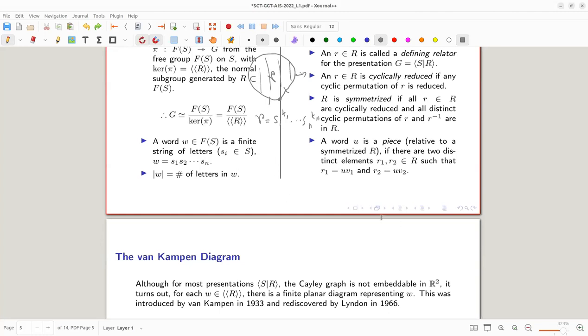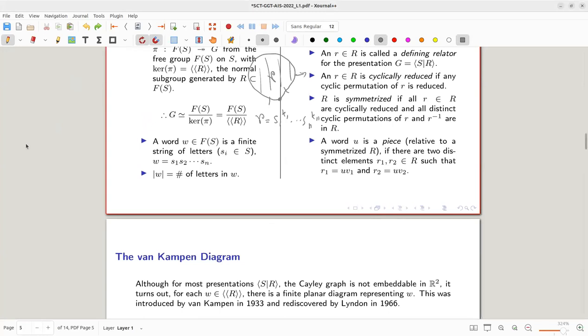Could you please repeat what it means for a cyclic permutation to be cyclically reduced?